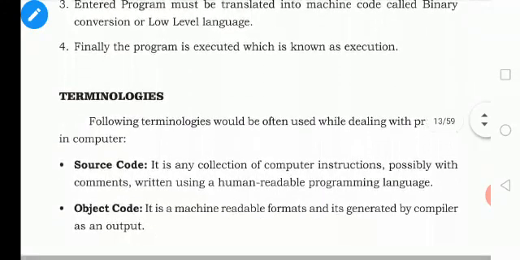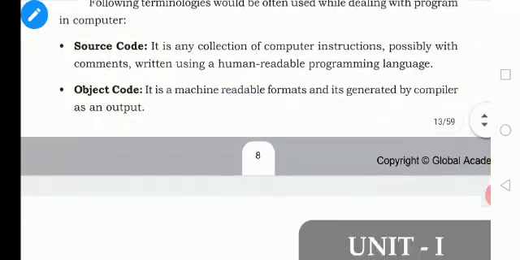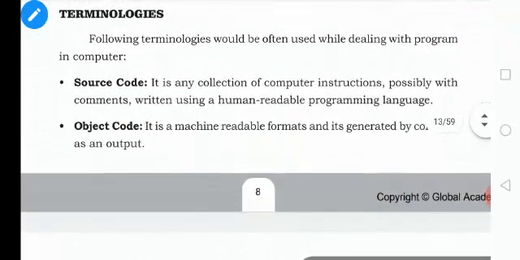Then what are the terminologies in writing a program? Following are the 4 terminologies: source code, object code, bugs and debugging. Source code is nothing but the human-readable programming language. Object code is the language converted for the machine.